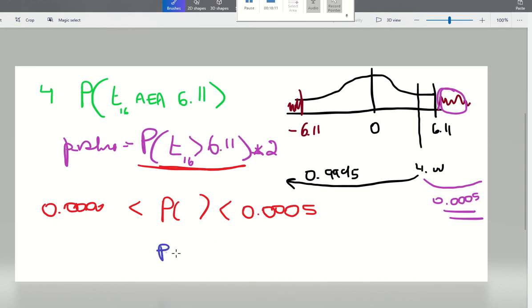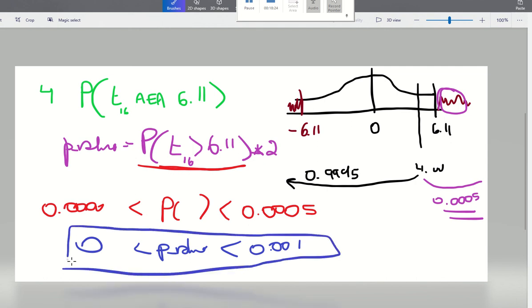Now, to turn this into a p-value, I need to multiply by 2. So now I can write that the p-value is definitely smaller than 0.001 and definitely greater than 0. That is my p-value, step number 4. Now, step number 5, you need to do what? Well, you need to compare this to alpha. Remember what alpha was?